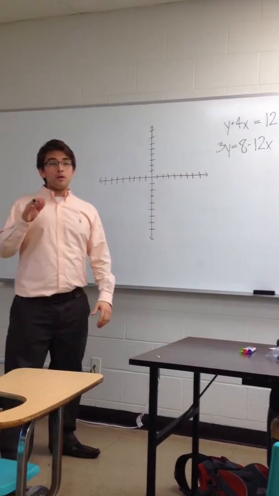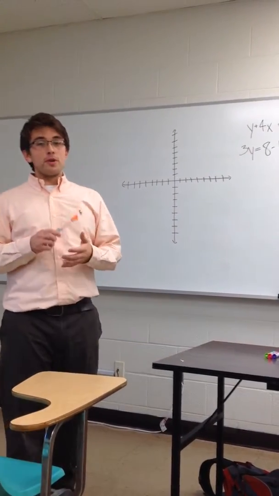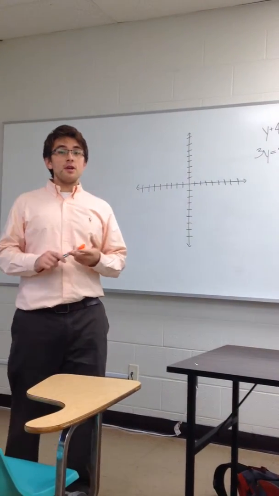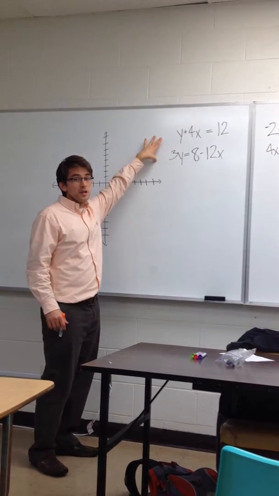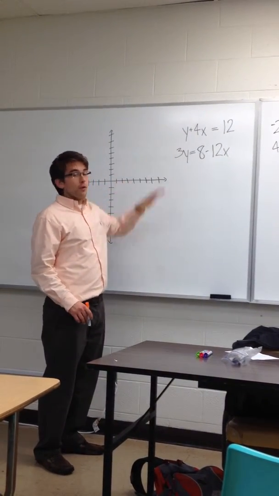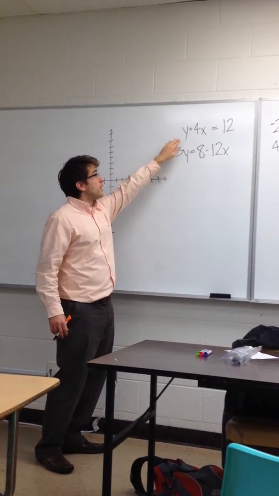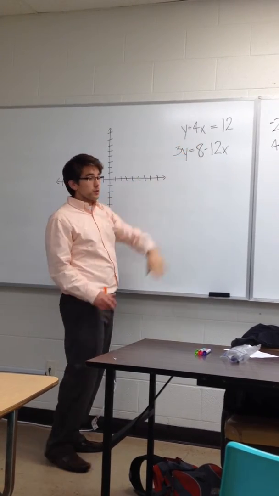Now, to determine whether it's consistent, inconsistent, dependent, or independent, I need to put each one of these into slope-intercept form. So I'm going to take the first one, y plus 4x equals 12.